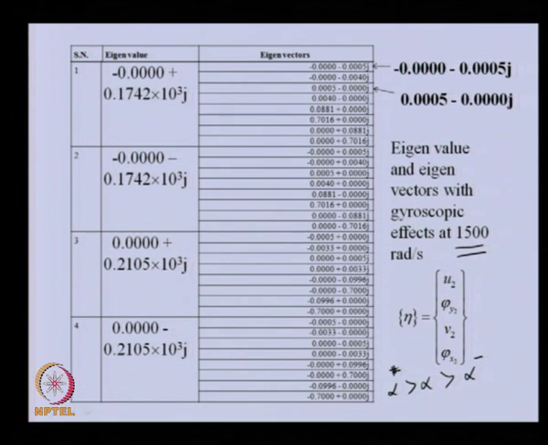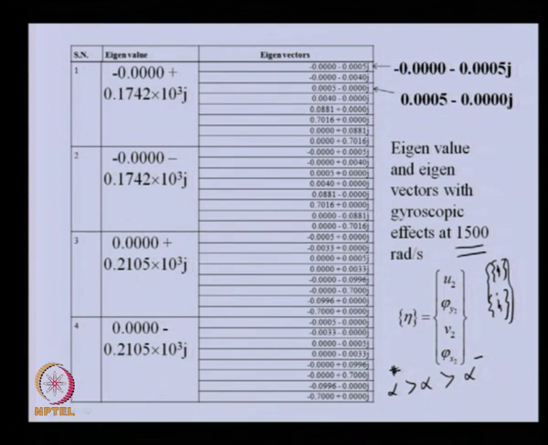And if we see the eigenvector, because the reduced form of the eigenvector had this form, and the state space form of the eigenvalue problem had 8 by 8 size. That means we had stacking of the eigenvector as eta and eta dot.